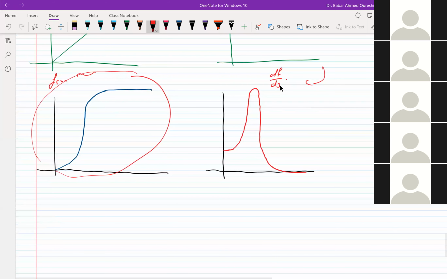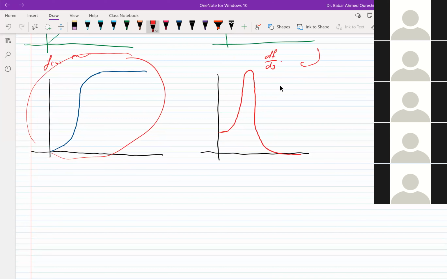So for example, this could be a graph of price history. And this is the rate of change of price history, which is the inflation.